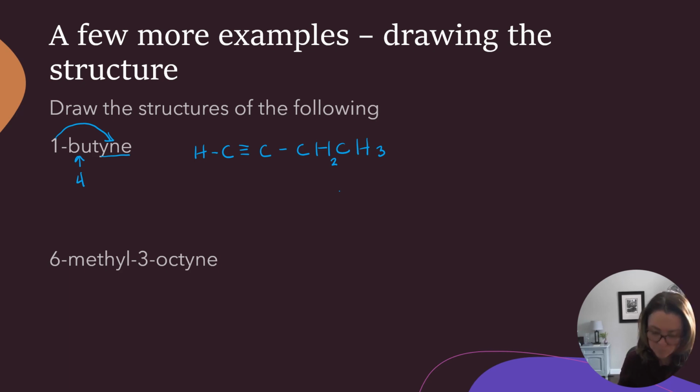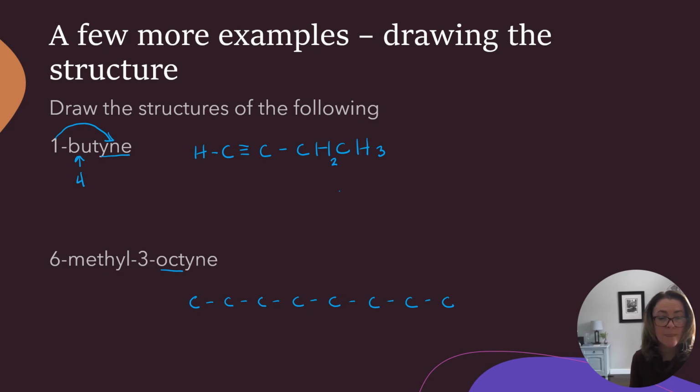All right. Now let's move on to 6-methyl-3-octyne. Okay, so looking at this, oct tells me I have 8 carbons. So let's go ahead and draw those out. 1, 2, 3, 4, 5, 6, 7, 8.